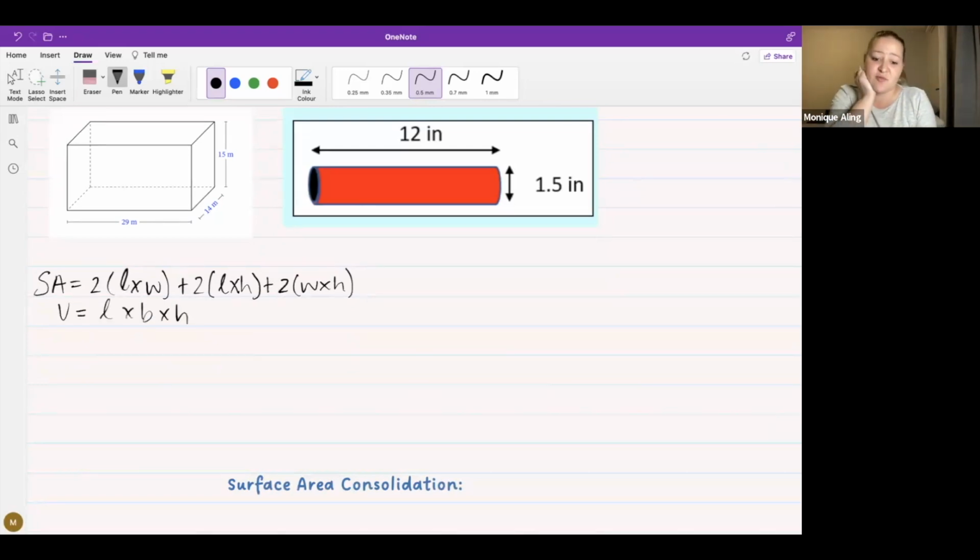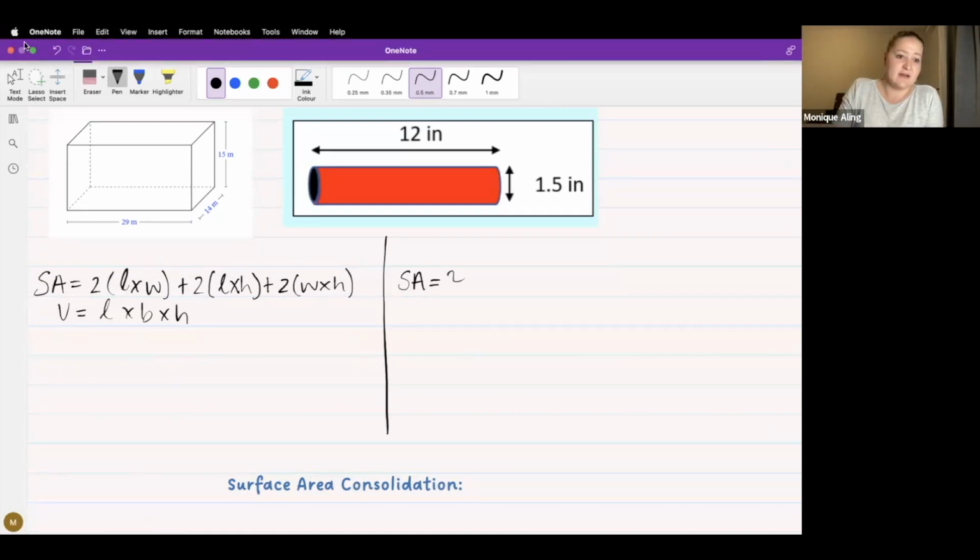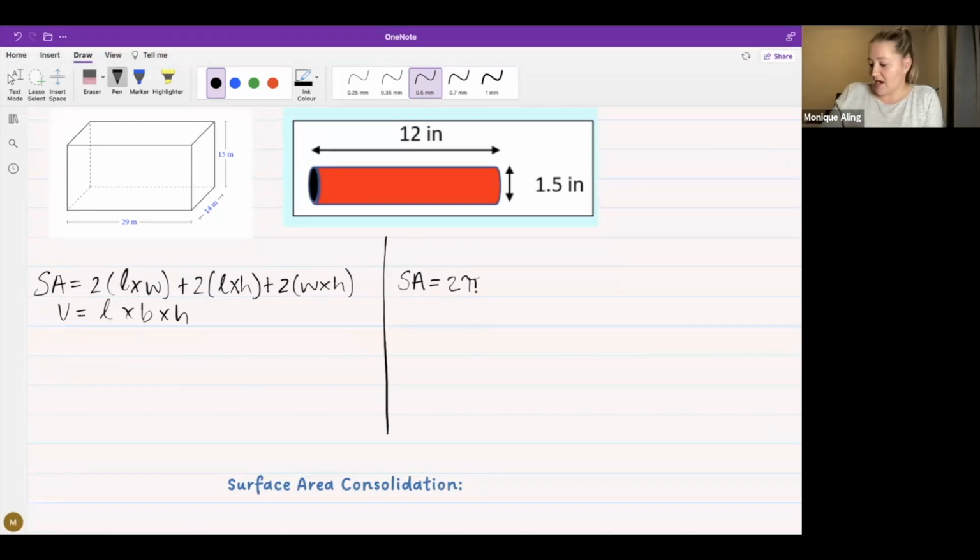We dealt with both these formulas on Monday. And then on the cylinder side of things, our surface area formula is 2 pi r squared plus 2 times pi times radius times height.